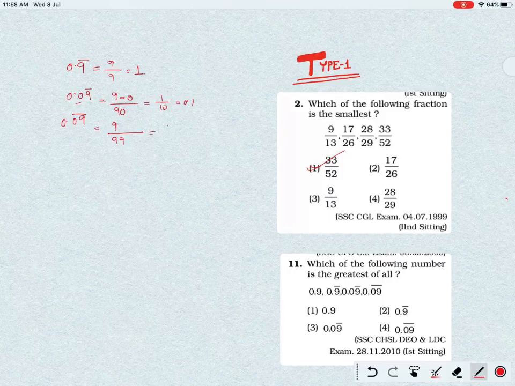So it becomes 1 by 11, and this is somewhat less than 0.1. So which of the following is greatest? So greatest will be obviously 1, which is 0.9 bar, this one.